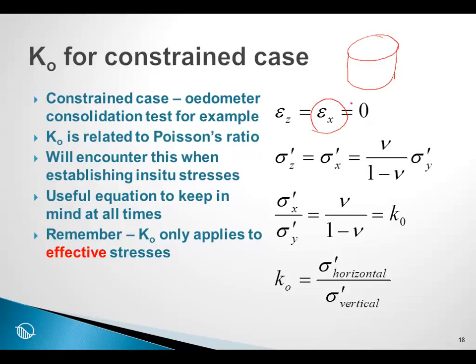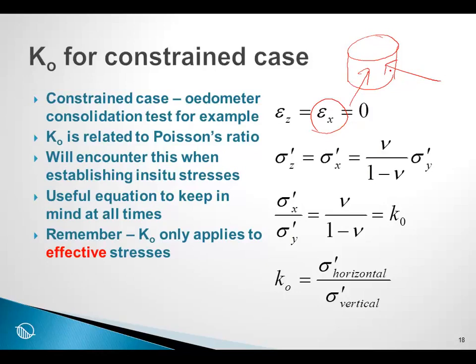In this particular case, both strains in the X and Z directions are zero. When we make both strain X and strain Z zero, we get a relationship from which we can get the equivalent of K0.